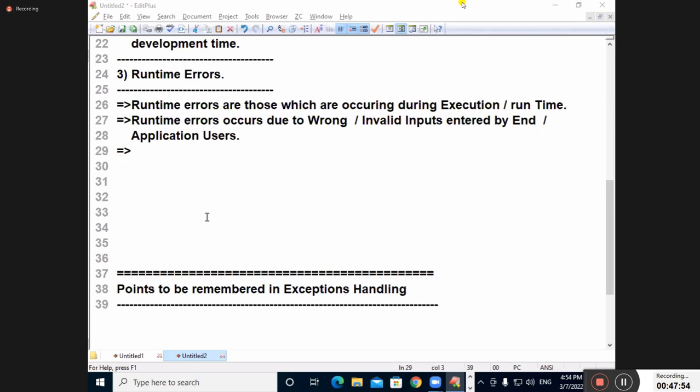User-friendly error messages. Spell out. Come on. Whenever the end user commits a mistake, your project has to definitely give which messages? User-friendly error messages, so that the end user will realize that he entered a wrong input. To give this type of user-friendly error messages, definitely which programming concept do I have to use? Exception handling. Compulsorily I have to use it, in any language you take.